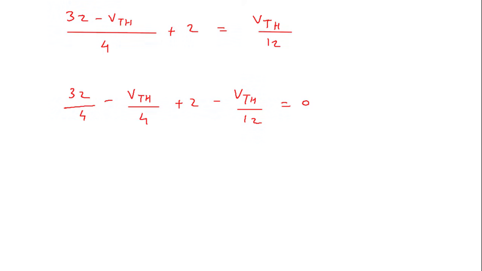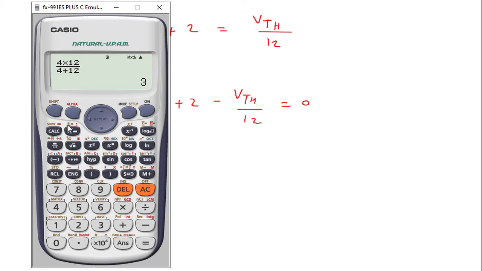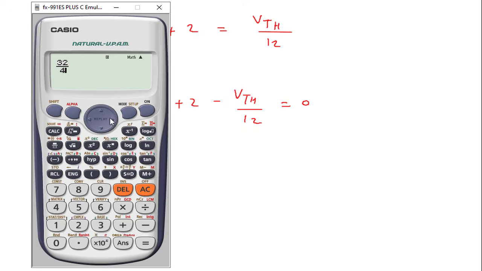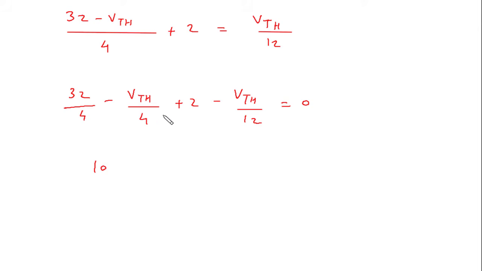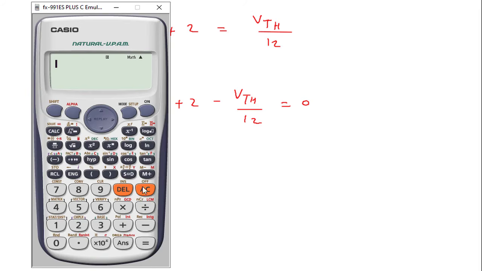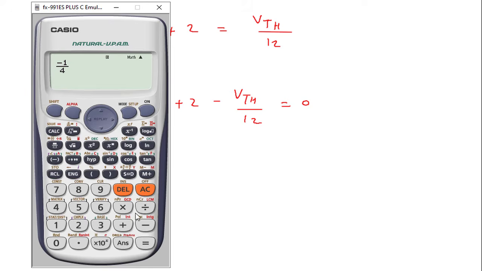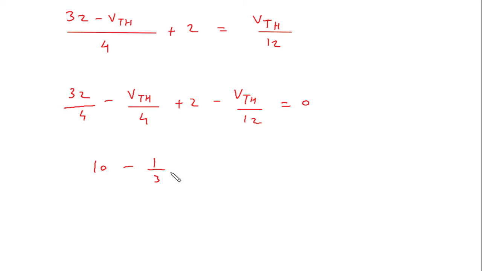So this will be 32 by 4 plus 2, so this is 10, and minus 1 by 4, then minus 1 by 12, so minus 1 by 3 VTH is equal to 0.